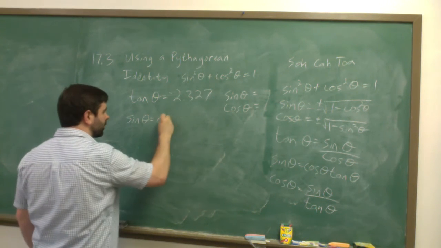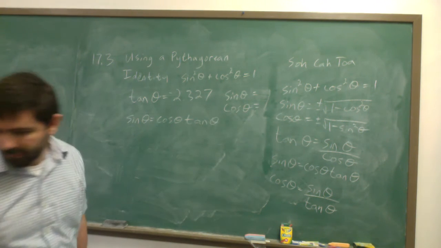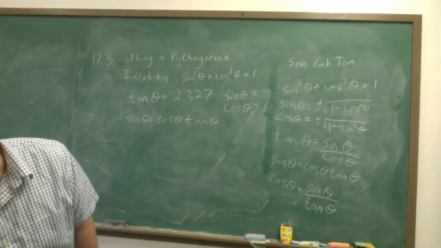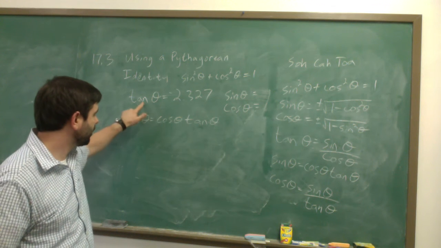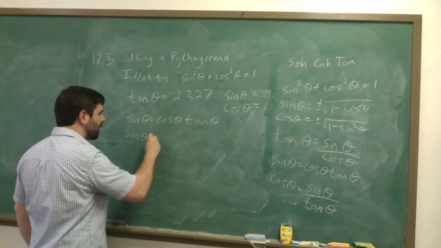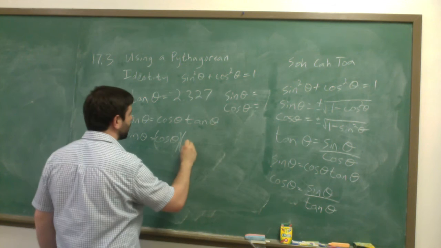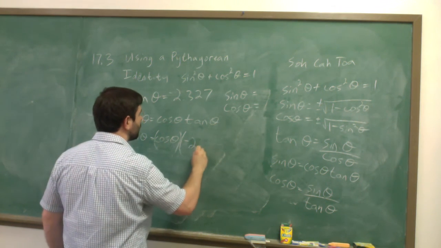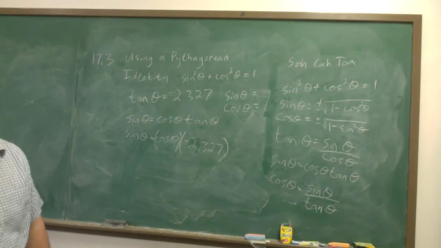Sine of theta equals cos theta times tan theta. And we know what tan theta equals. It's this one up here. So we're going to substitute that in there. Sine theta equals cos theta times negative 2.327. Okay, so far so good.